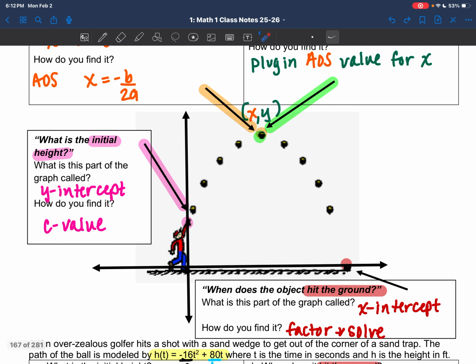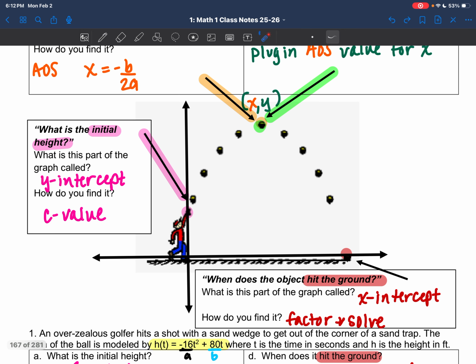And then you're going to do another part, which is the initial height. The keyword here is initial, and initial means the y-intercept, so you're going to look at the c value. That's where it crosses the y-axis, so it's where it starts. When they threw this, it started here, and then that's the maximum.